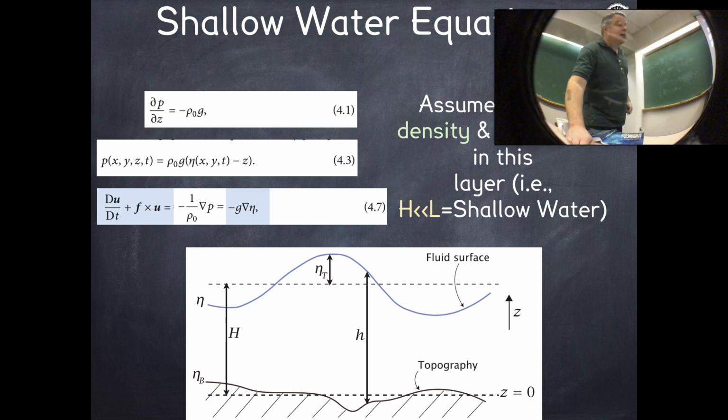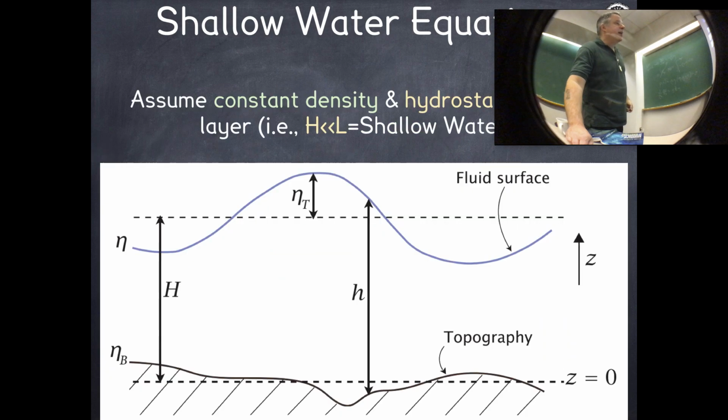Okay, so what about continuity? Let's go back to the big picture. How about continuity of mass? If the density is constant, what does continuity of mass look like? It looks like non-divergence.